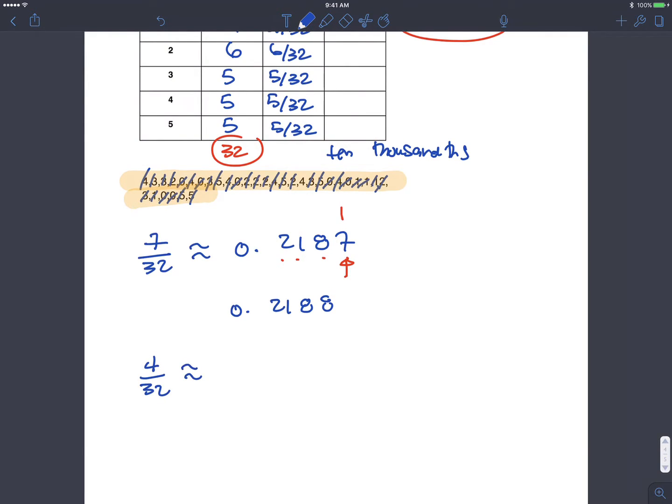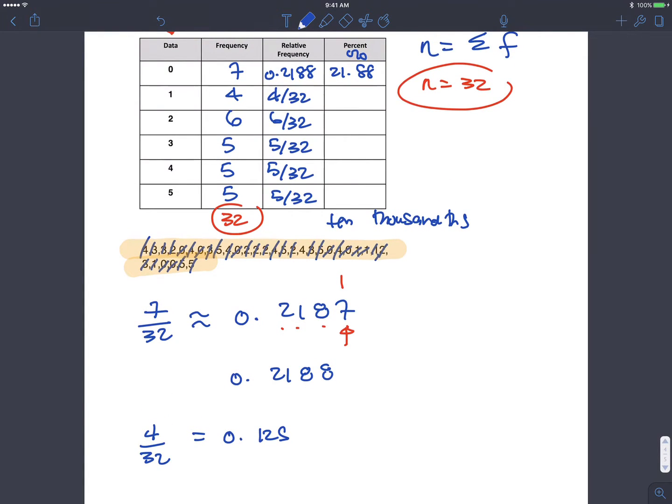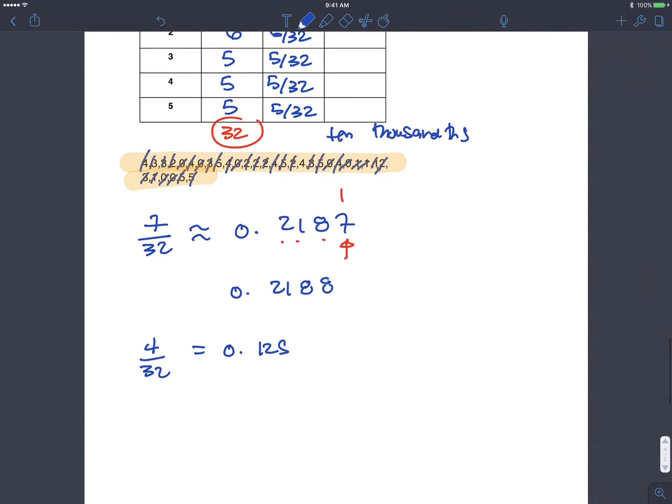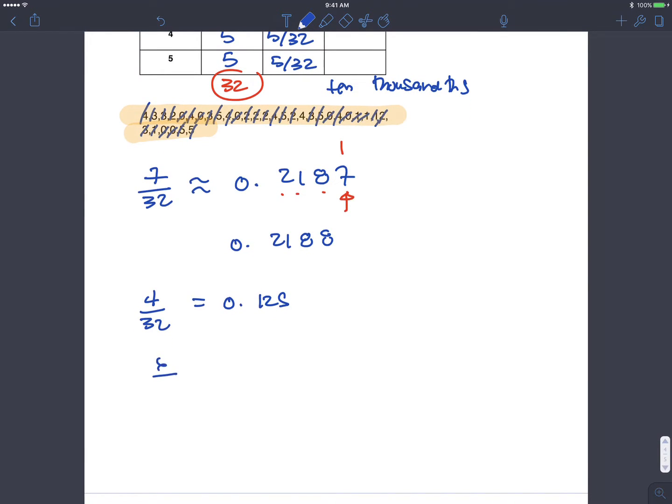Let's find the next relative frequency. 4 divided by 32. Well, that's exactly 0.125. So I'll put exactly 0.125 here, which means I have 12.5%. 6 over 32, relative frequency.